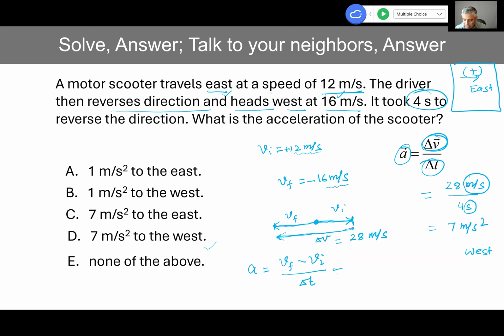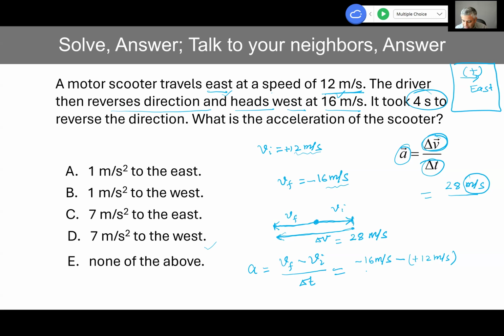So now when I use those numbers in this formula, what happens? VF is negative 16 meters per second. And then there is a negative sign in the formula, right? And we have a positive sign for 12 meters per second.